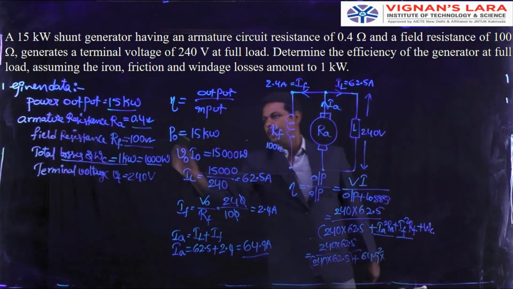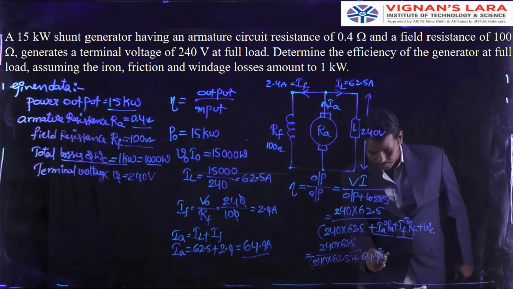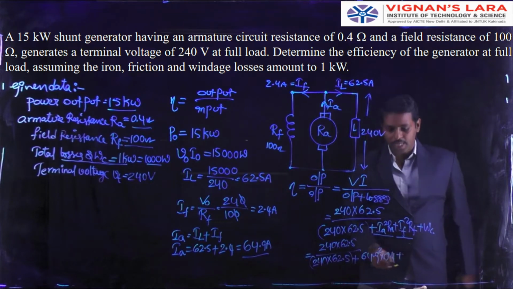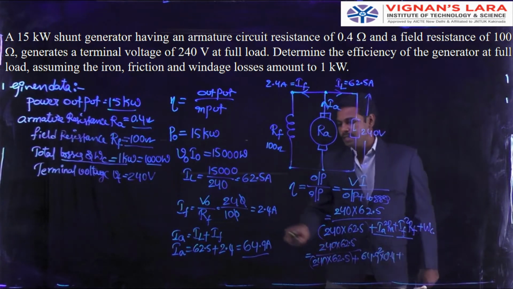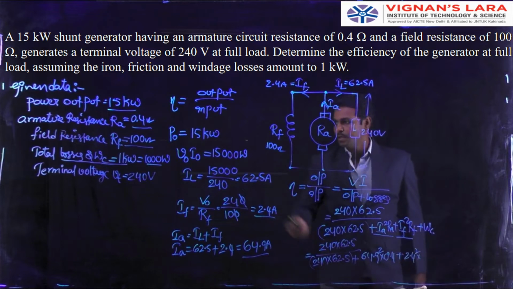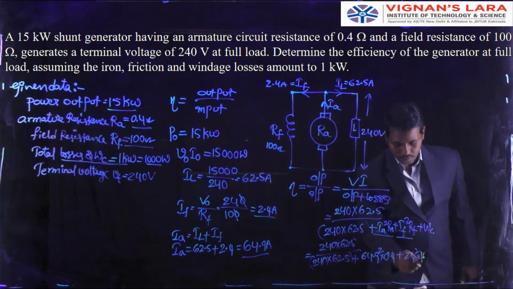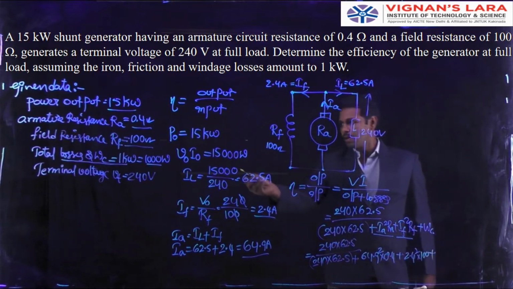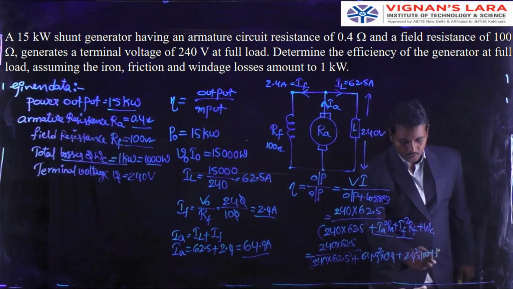Armature resistance is equal to 0.4, plus IF square. So IF, the field current, is equal to 2.4, square into RF, which is equal to 100 ohms, plus total losses or constant loss, which is equal to 1000.